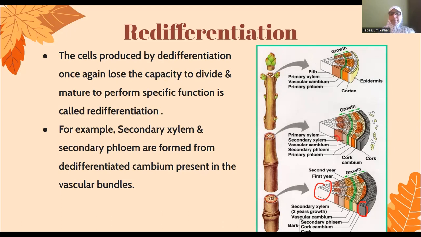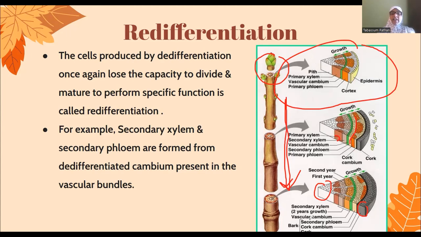The green one, below the green line, is your phloem. At the growing region, this is how the layers look. As they mature, as you move down and cut it, you can see the increase in diameter. So you have secondary tissues also, which are formed from the earlier dedifferentiated cells.